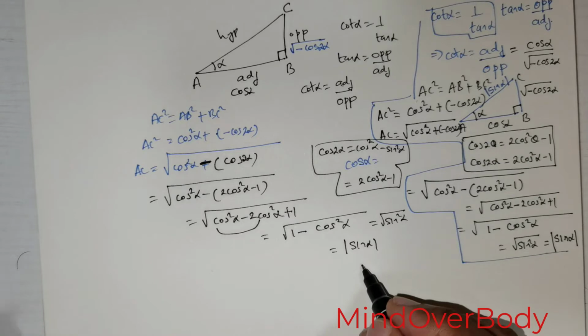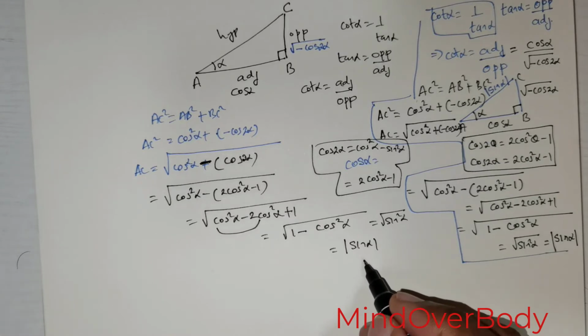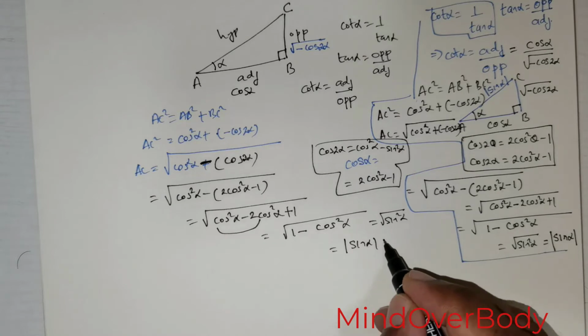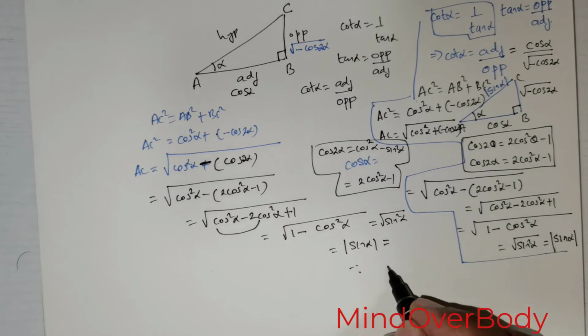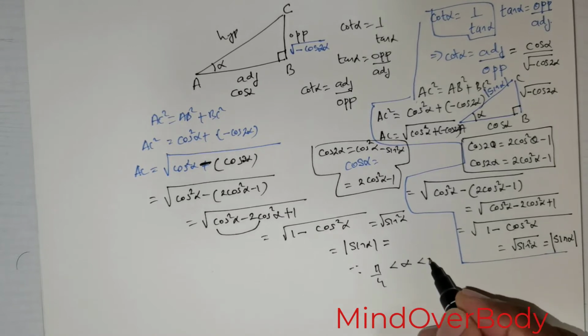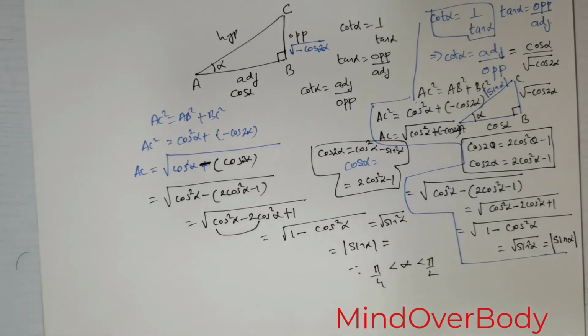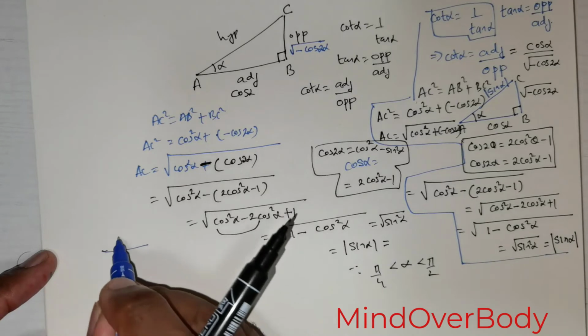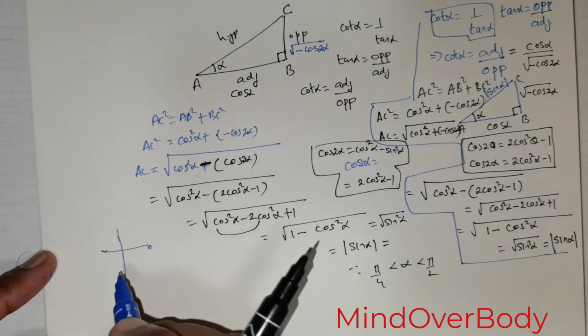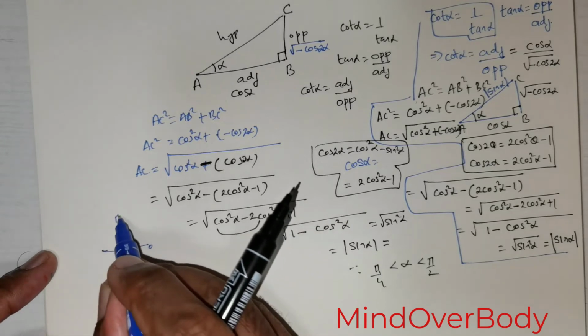Now we will have to be concerned with what sign this modulus of sin alpha opens up. We are given that alpha lies between pi over 4 and pi over 2. So if you were to draw that, this is 0 and this is pi over 2.